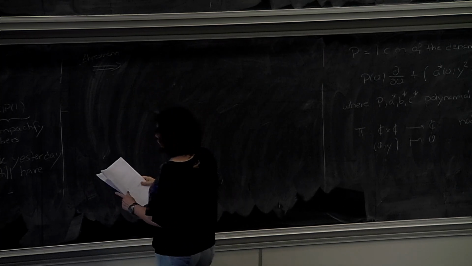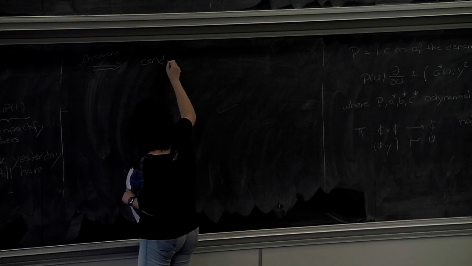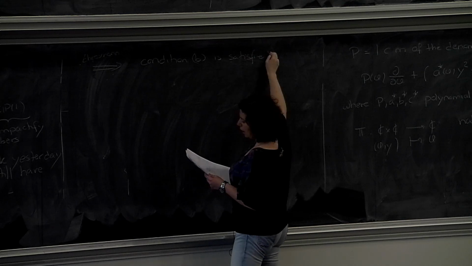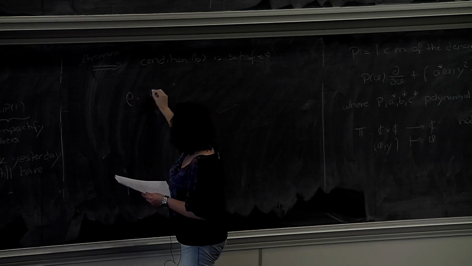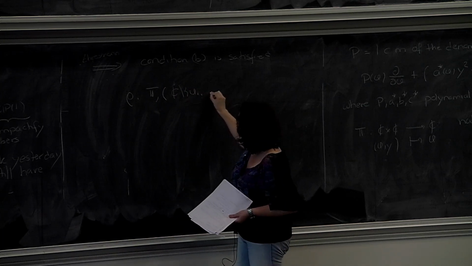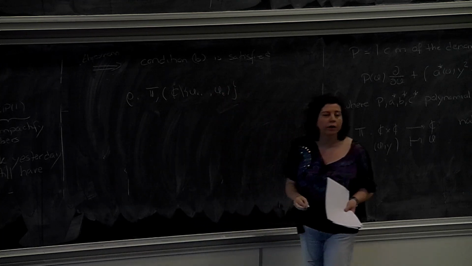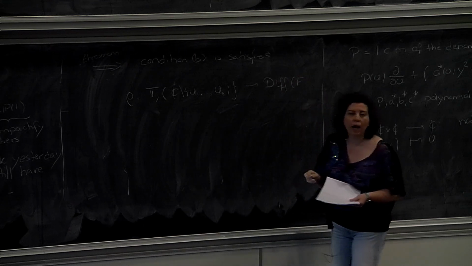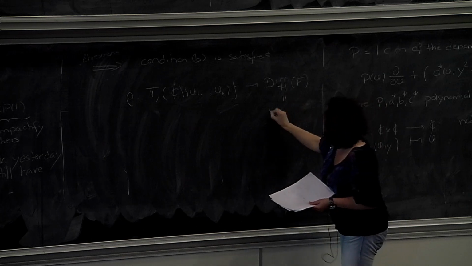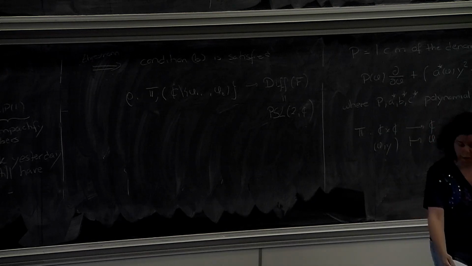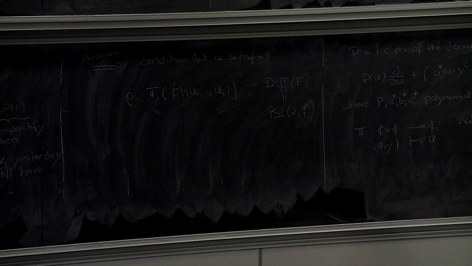So this ensures that condition B is satisfied. And so we have, in fact, a representation of the fundamental group of C minus these k singular points on the base into the diffeomorphisms of our fiber that, as Frank said yesterday, is an element of PSL(2,C). Okay, I have passed the time. Sorry.